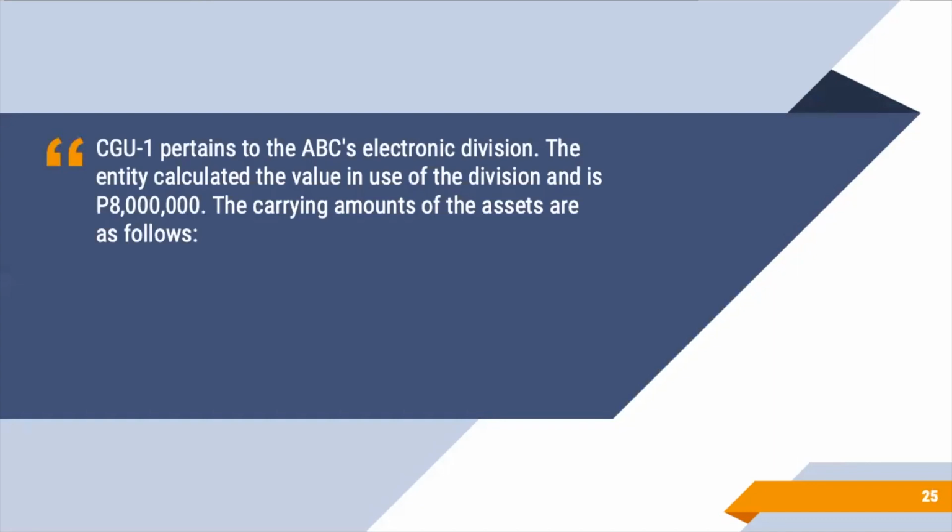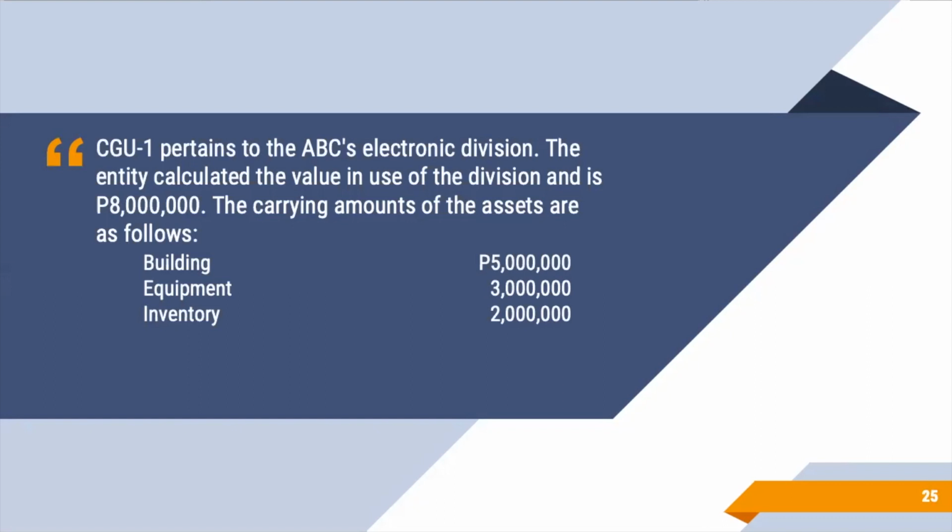So for example, CGU1 pertains to ABC's electronic division. The entity calculated the value in use of the division and is 8 million pesos. The carrying amounts of the assets are as follows. Building 5 million, equipment 3 million, inventory 2 million. So ang total carrying amount ng unit is 10 million.